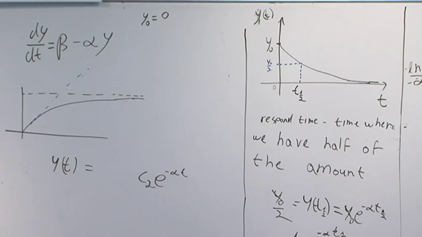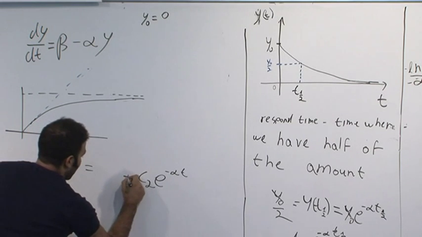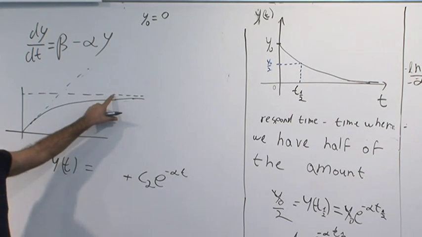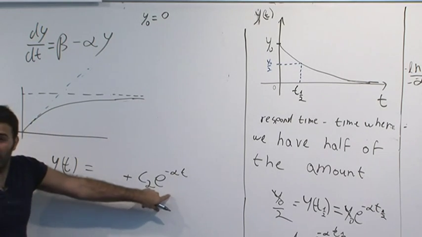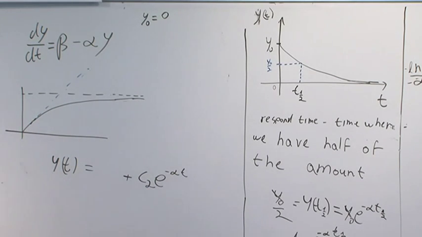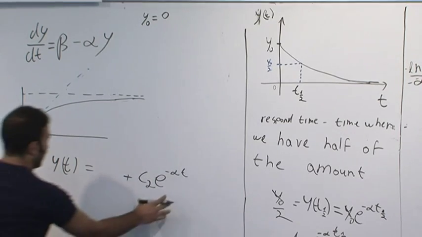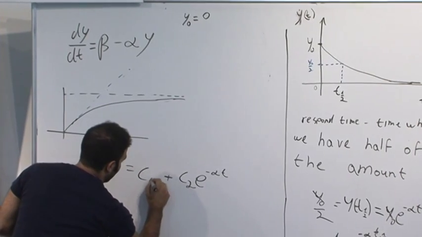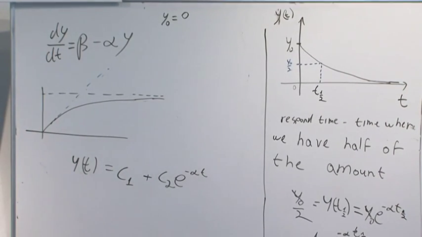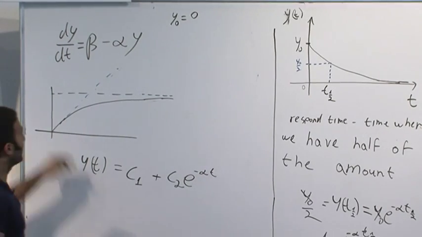We will guess, okay? And then we can check if it's a true solution. And after a long time, we know it will be equal to a constant. This after a long time will be equal to what? To 0, like we saw here, right? So if this will be equal to 0, and both of them need to be equal to a constant, so here we have another constant. Okay? And this will be the solution for that equation.